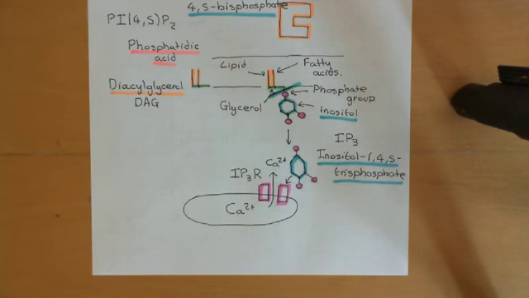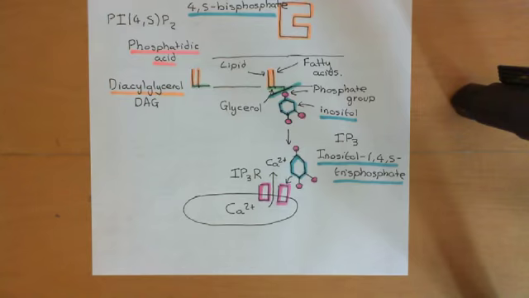Okay, now these two are going to be able to activate protein kinases known as protein kinase C enzymes. And these protein kinase C enzymes are going to be able to phosphorylate TRP channels just like protein kinase A could, and again sensitize it so that it responds, i.e. opens at lower temperatures than normal.